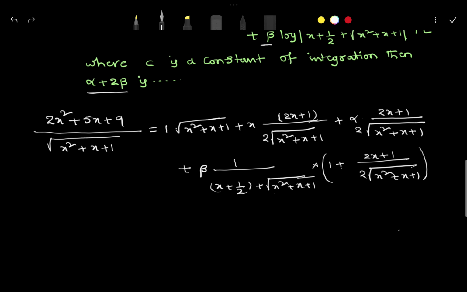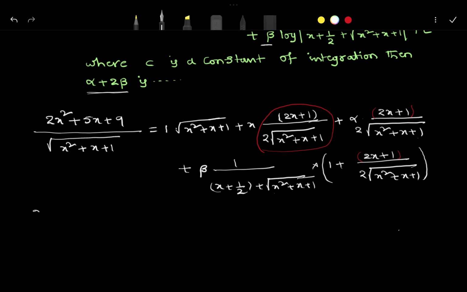Now you see very clearly, in this part from the numerator you take 2 as common, and here also in the numerator you take 2 as common. So what happens by taking 2 as common?